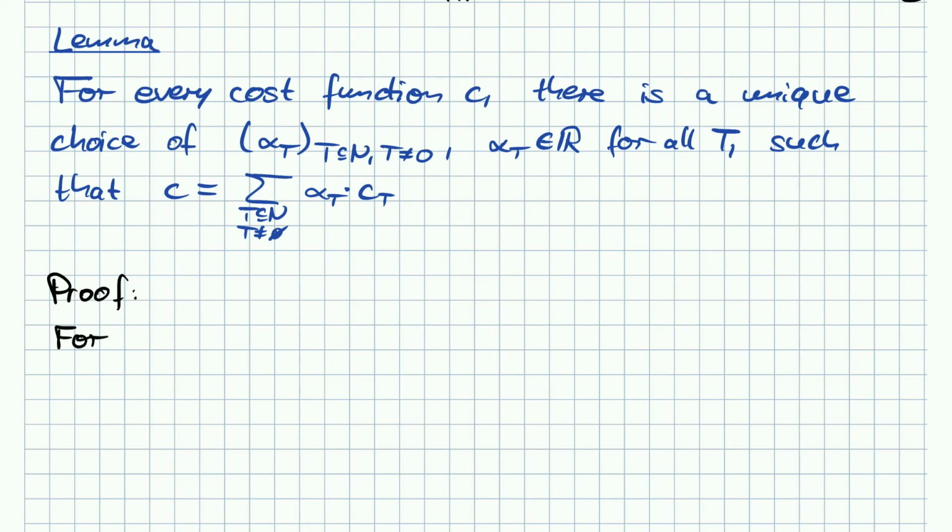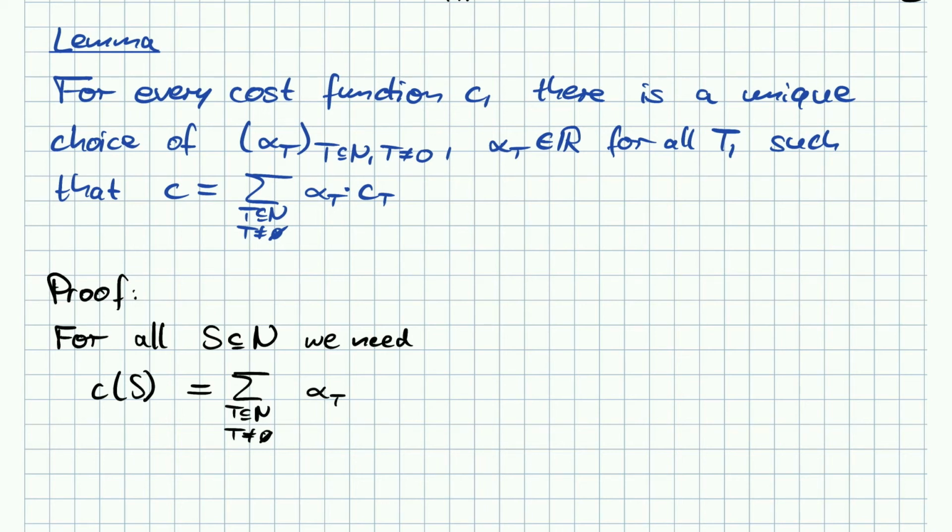It has to hold for all s that C of s is equal to, take the sum of all t that are a subset of n, t is not the empty set, alpha t times Ct of s. Now what is this that we have here on the right hand side?